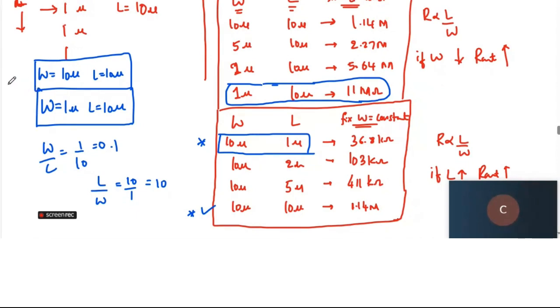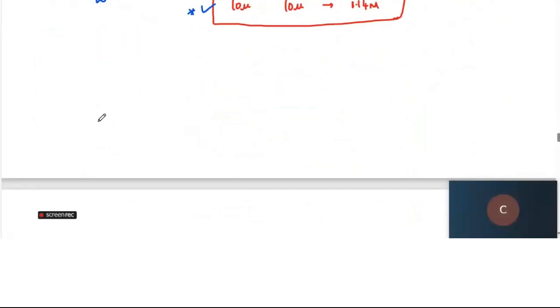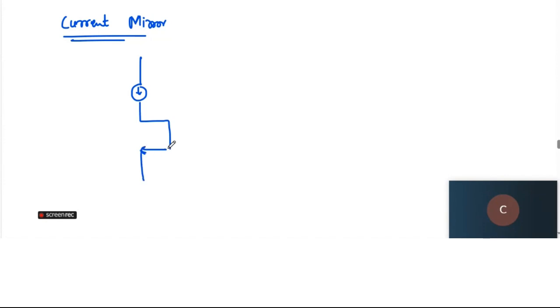So for that, we need to first build the current mirror, so let's try to do that here. Current mirror. I'll give you a small glimpse of what exactly we mean by a current mirror. So let us take a simple MOSFET, a simple NMOS.